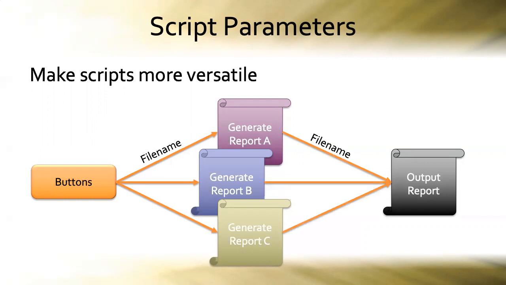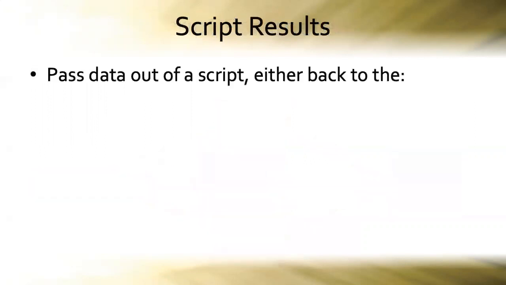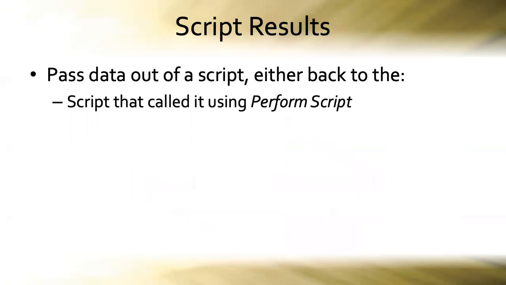So to pass information into scripts, we use script parameters. To pass information out of scripts, we use script results. Script results pass data out of a script, either back to the script that called it using the perform script step, or back to the trigger event that called it.